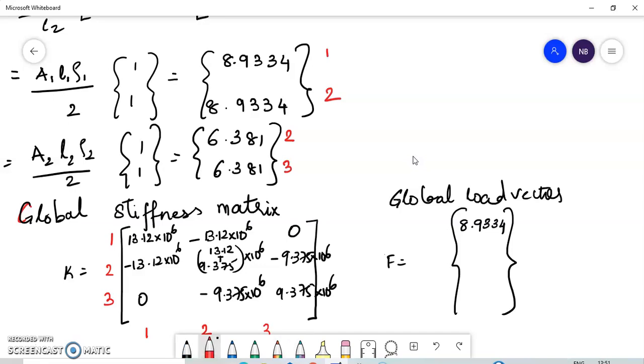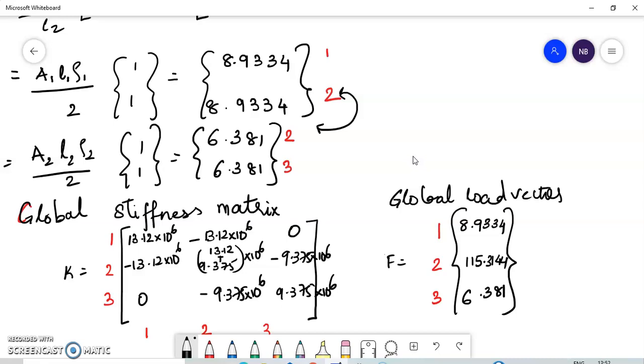Here we have node 1, node 2 and node 3. At node 2 it will be an addition of these two values plus there is a point force, and all this works out to be 115.3144, so 6.381.